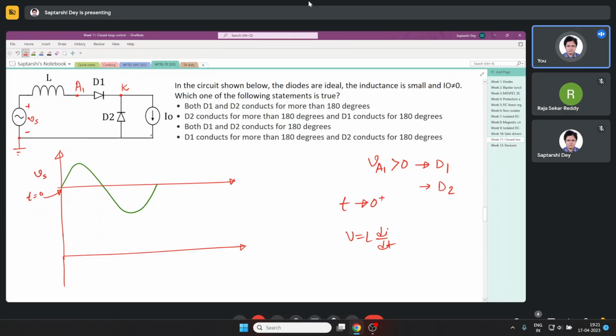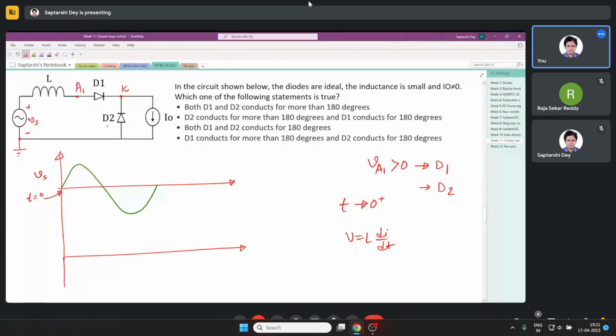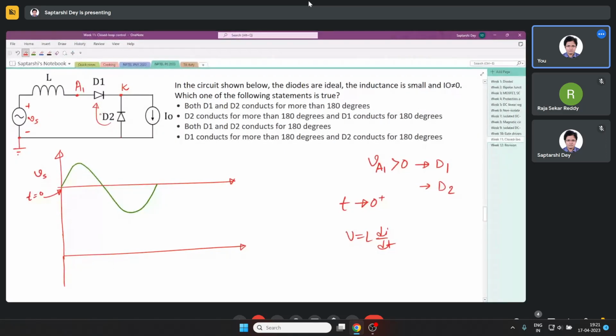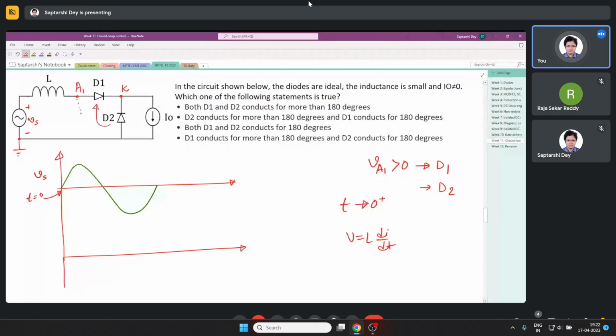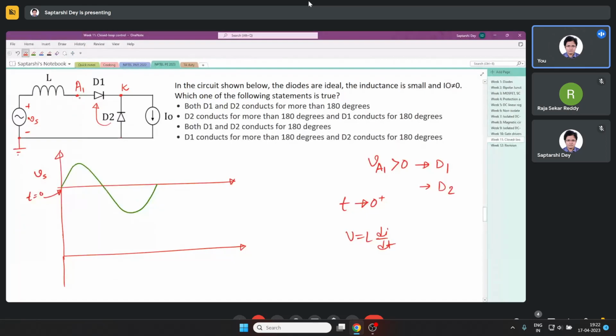But is it possible that this much current, say a positive current, suddenly shifts from D2 to D1? It will not. It will shift slowly. So there will be a time when D1 and D2 both conduct, and that means these points will be virtually short circuited, at the same potential.